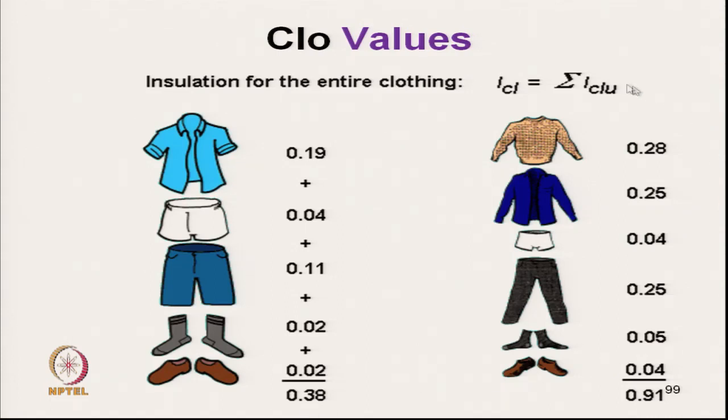Now, with this system the clo value is 0.91, approximately close to 1. That means a person who is generating one met will have to wear this type of clothing to stay comfortable. That means the heat generation and heat release will be balanced.